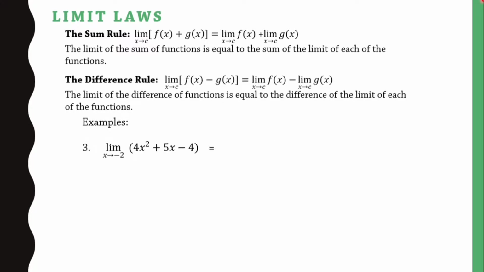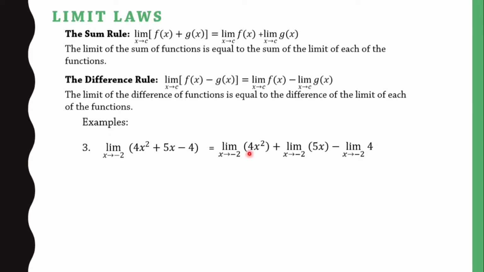Okay, we have the limit of 4x squared plus 5x minus 4 as x approaches negative 2. Again, we have a combination of plus and minus, so we will use the sum and the difference rule simultaneously. So again, we get the limit of each of the terms. That's the limit of 4x squared as x approaches negative 2, plus the limit of 5x as x approaches negative 2, minus the limit of 4, because we have our third expression, 4, as x approaches negative 2.